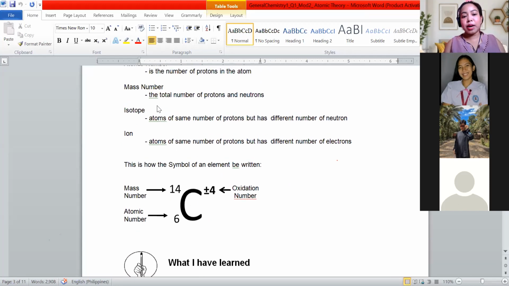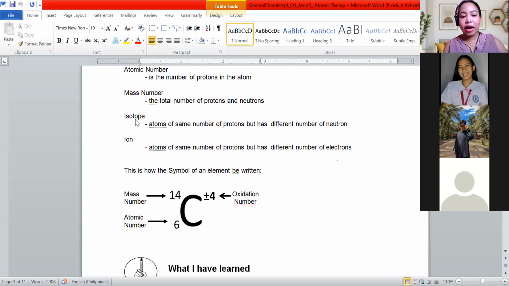Mass number is the sum of protons and neutrons. For example, this carbon has a mass number of 14. It means it has 6 protons. 14 minus 6 is equal to 8. Therefore, it has 8 neutrons. Then we have isotopes.